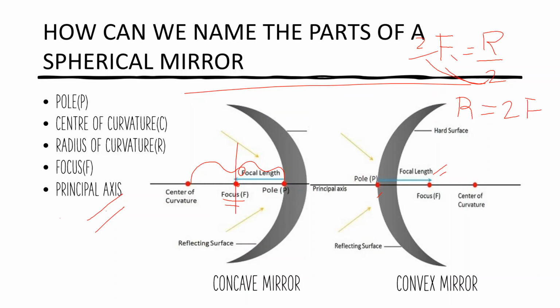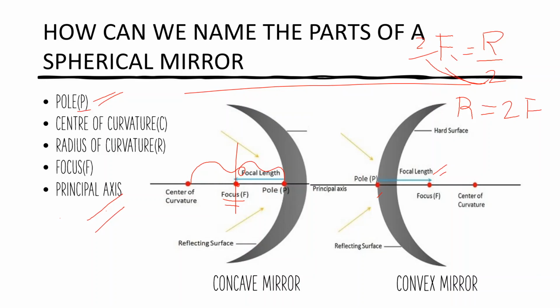Now we talked about the different parts of a spherical mirror. The pole is the point located at the center of the reflecting surface. The center of curvature is the point located at the center of the sphere. Remember, they might ask the difference between the pole and the center of curvature. Tell the difference in one sentence: the pole is the point located at the center of the reflecting surface only, not the sphere.